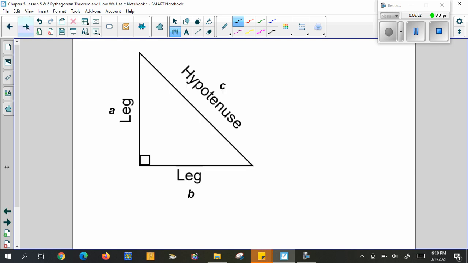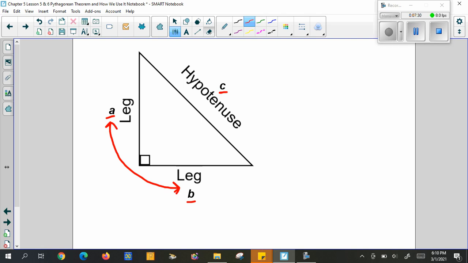Here is a large diagram again when it comes to which sides are the legs and which side is the hypotenuse. I also marked A, B, C. I will tell you that when it comes to A and B, they can actually be flip-flopped.